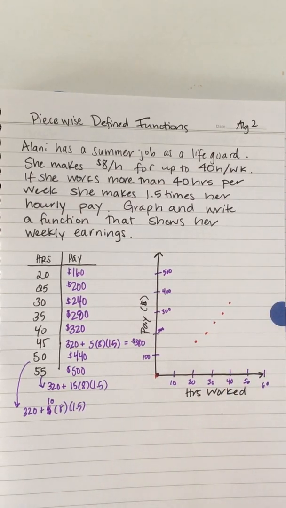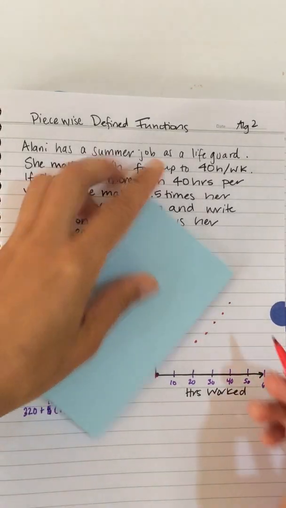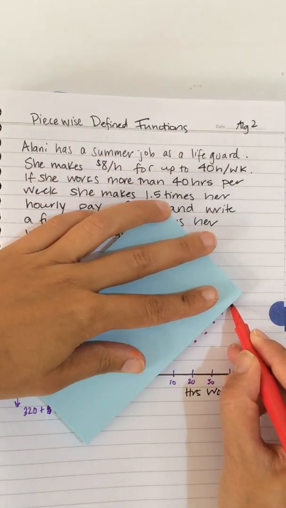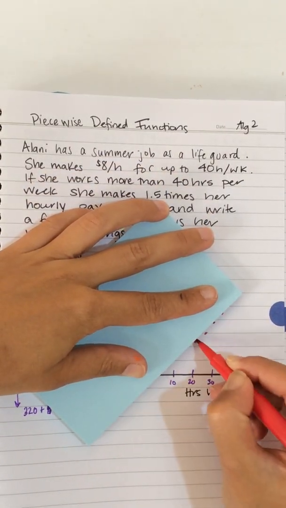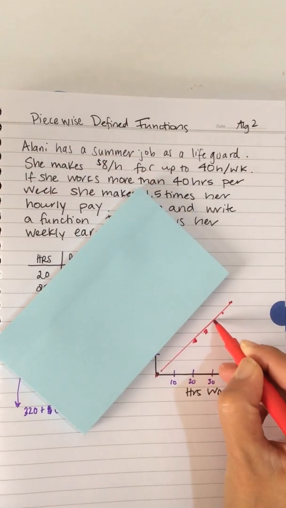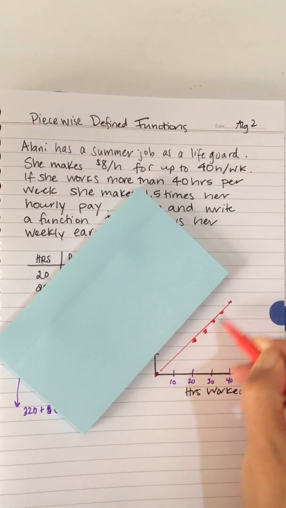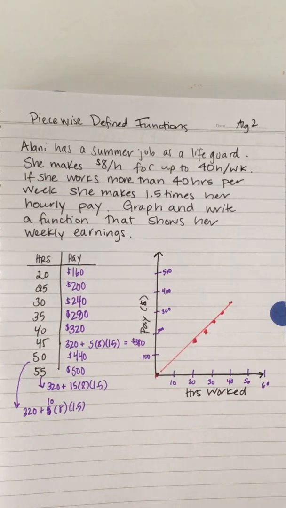Ideally, if I had graph paper and did a great job, these should be all along this line. I'm going to pretend, because it's a linear function, it's always increasing by $8 every hour.